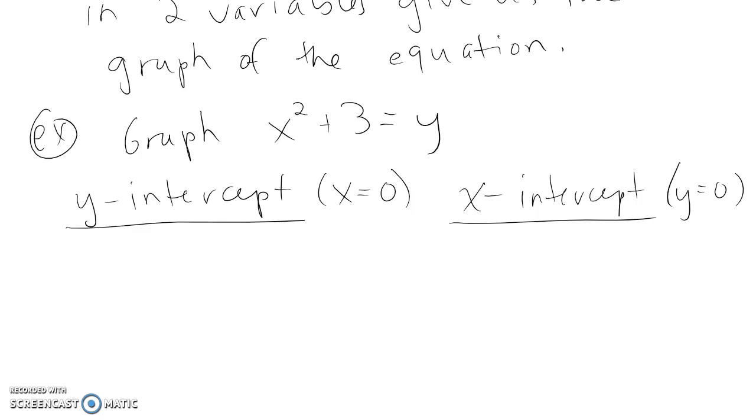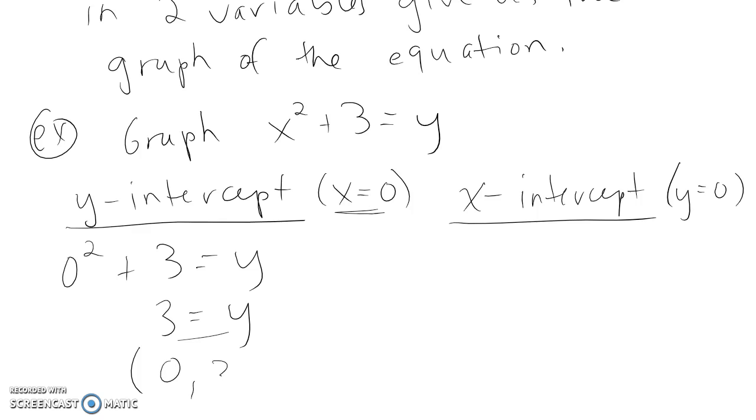So let's find the y-intercept. First, let's plug 0 in for x. In our equation, we get 0 squared plus 3 equals y. 0 squared is 0, plus 3 is still just 3. That is equal to y. So our y-intercept has x-coordinate 0 and y-coordinate 3. So it's 0, 3.